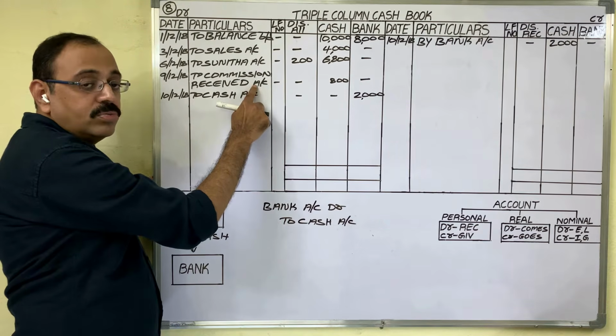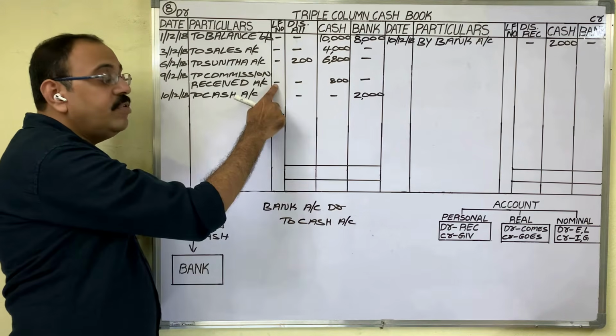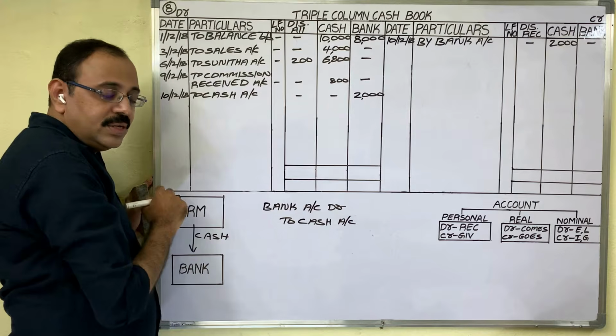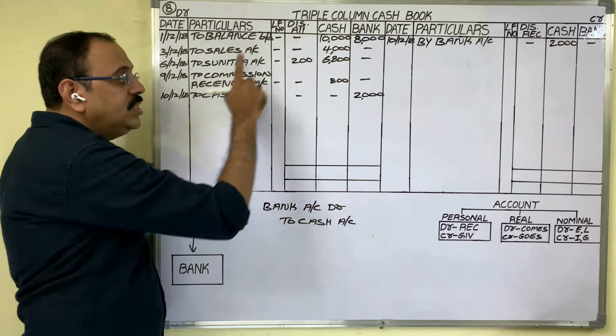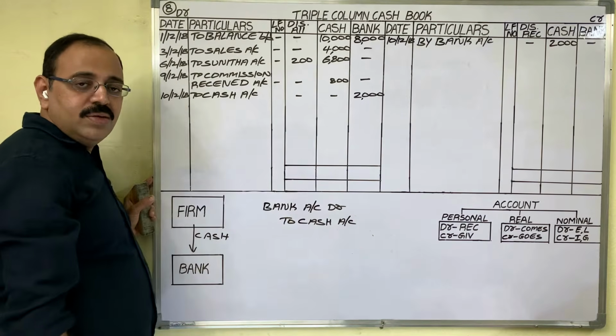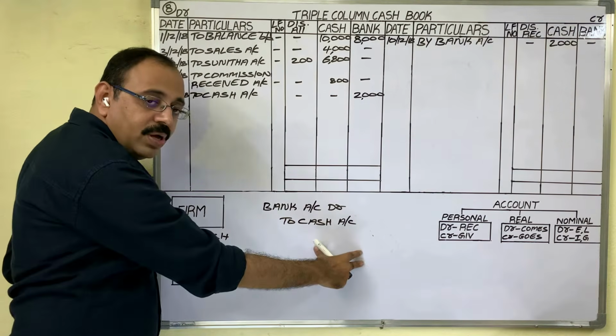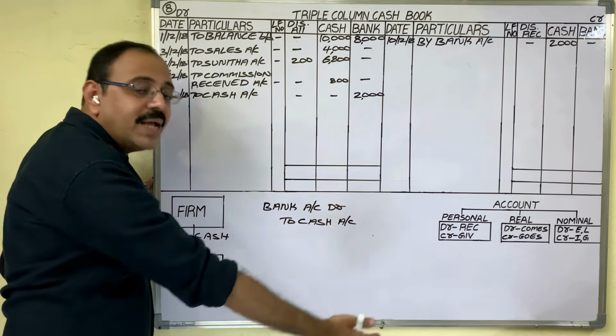Commission received account, in which page we prepared in ledger book, that page number we mention here. But in case of this transaction, cash account, bank account, both we are preparing in this book only. In ledger book, again we are not going to prepare bank account or cash account.